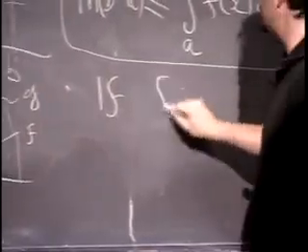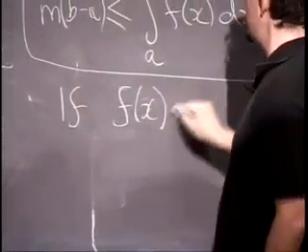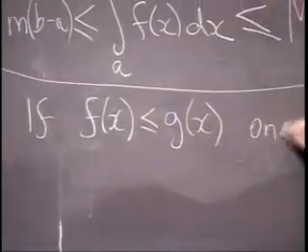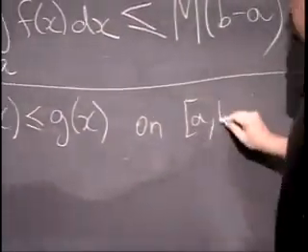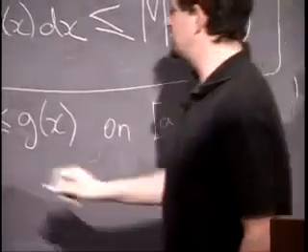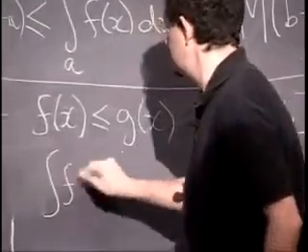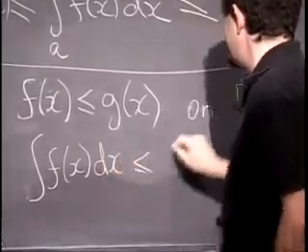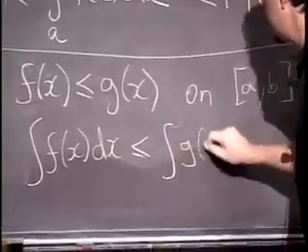If f of x is always less than or equal to g of x on a, b, then the integral of f is less than the integral of g over the same region.